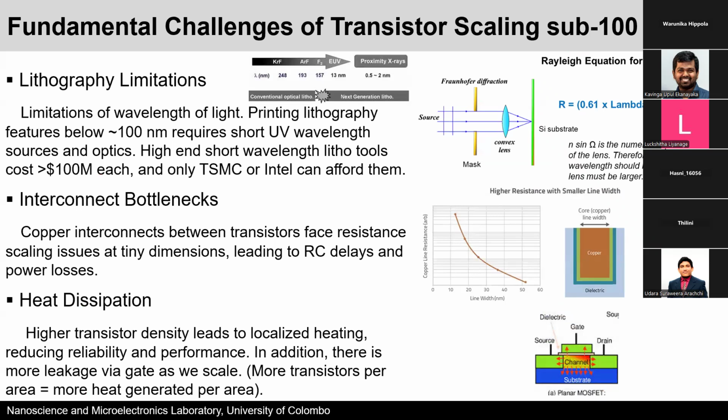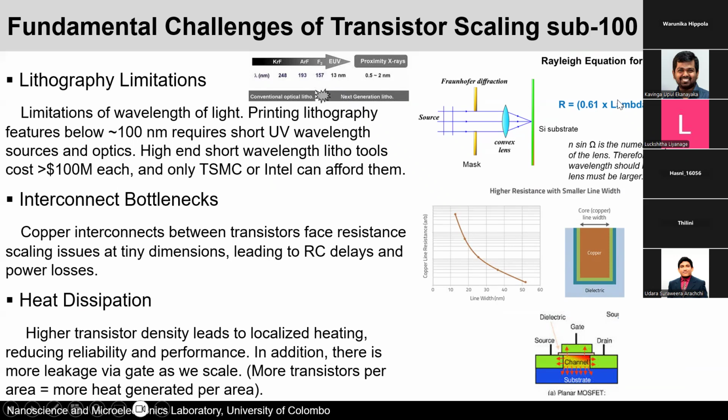Another one is lithography limitations. We are basically using light to print the transistors on the silicon wafer, right? And now we are meeting the limitations of the wavelength of light. If you look into the resolution, as the light passes through a particular mask and goes through a lens, you can resolve two things.